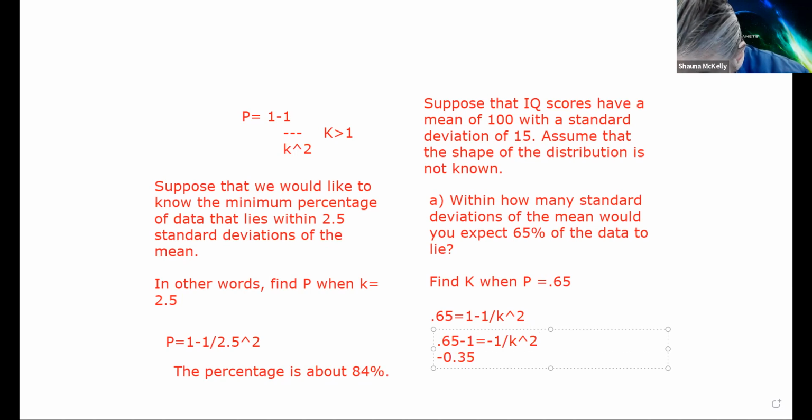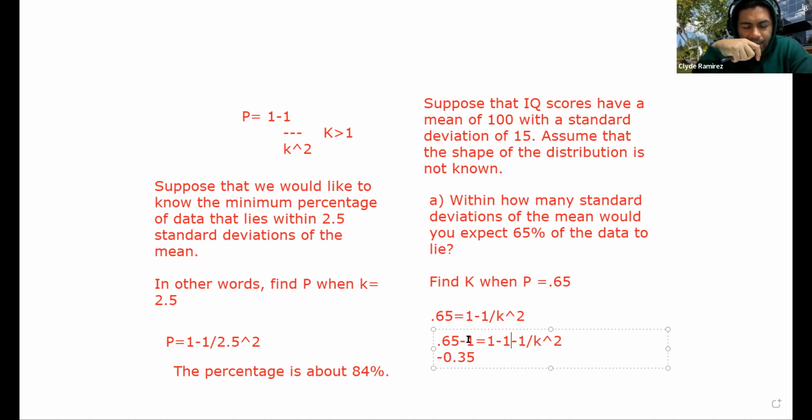When I subtract 1 from each side of the equation, on the right I'm doing 1 minus 1, so this 1 drops out. So I end up with negative 1 over K squared.